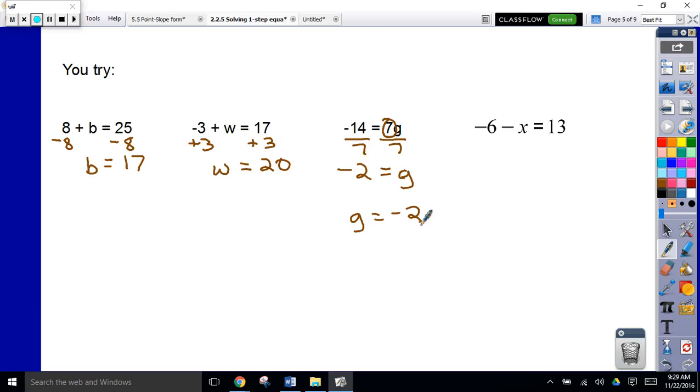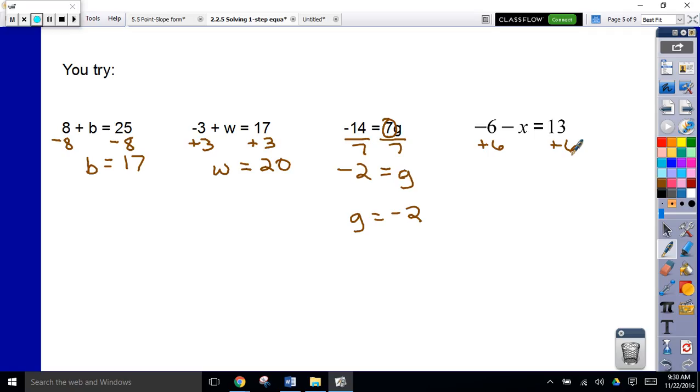Okay, next one, Brian, tell me what I said to do. x equals 7. Well, I need to know what to do, so I don't want the answer yet. You need to add 6 to both sides. Okay, so I'm going to add 6 to both sides. And I get what? x equals 7. When I add 13 plus 6, do I get 7?